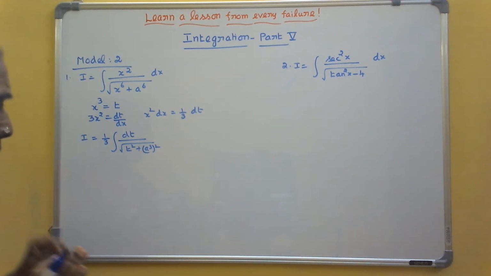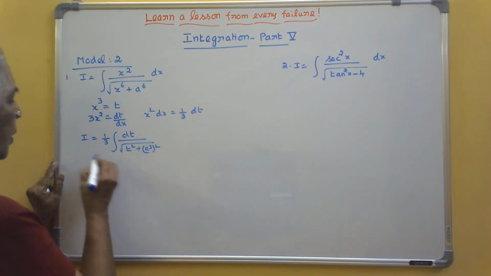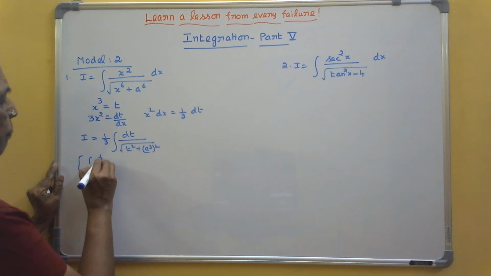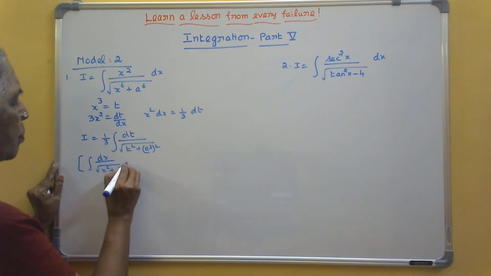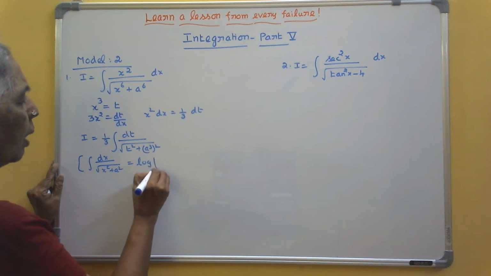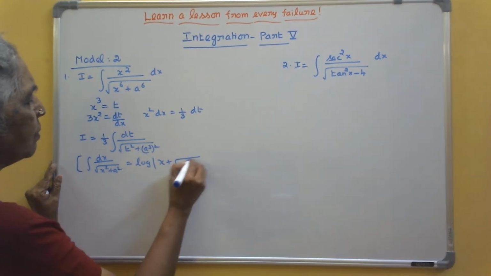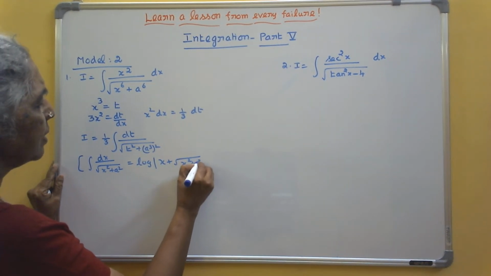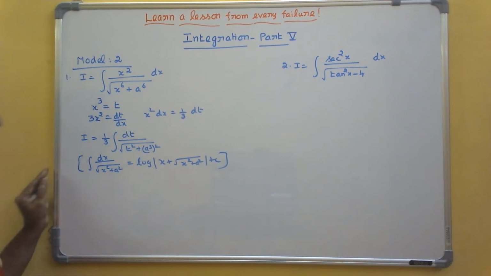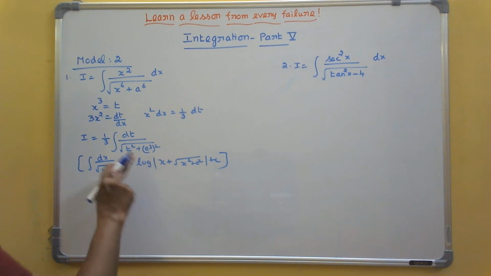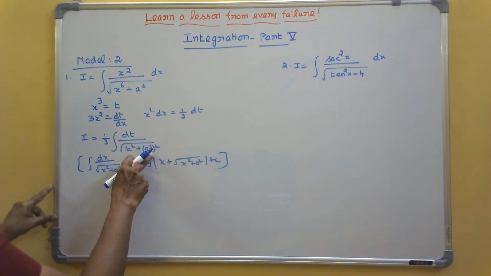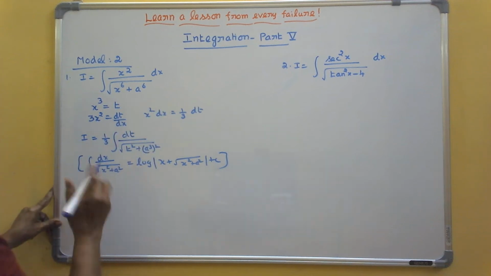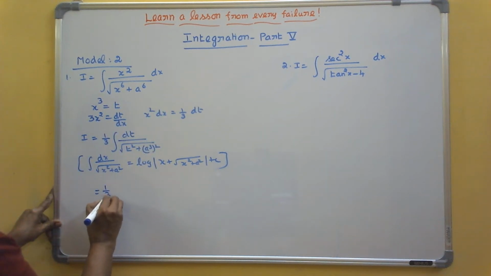Okay. So, now the formula is, you know, integral dx by root of x squared plus a squared is equal to log mod x plus root of x squared plus a squared plus c. This is the formula we are going to use. Now, in the place of x we have t, and in the place of a we have a cube. Now, we are integrating with respect to t. So, write the 1 by 3 as it is.